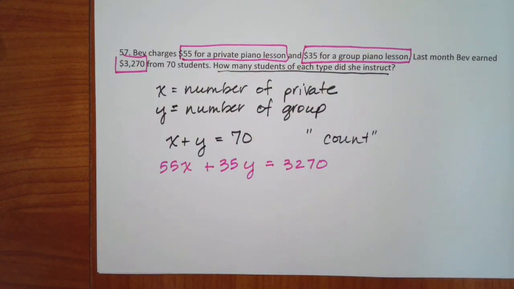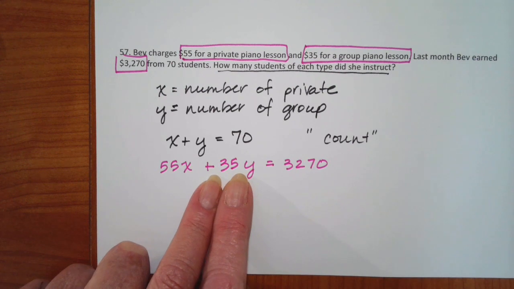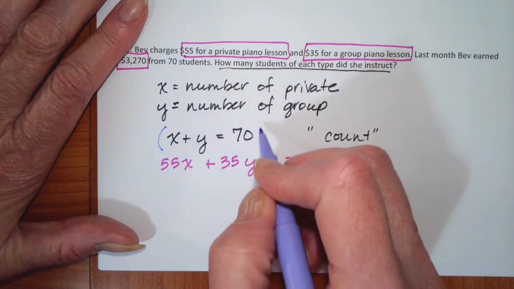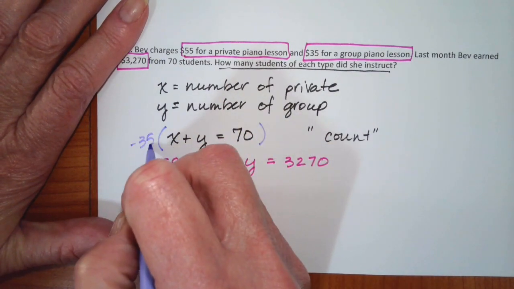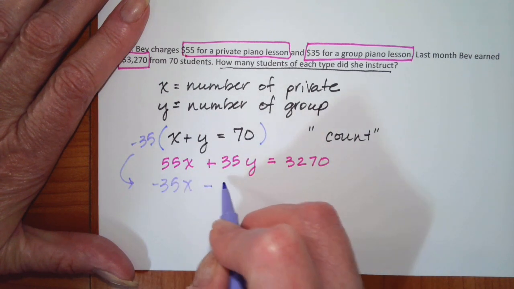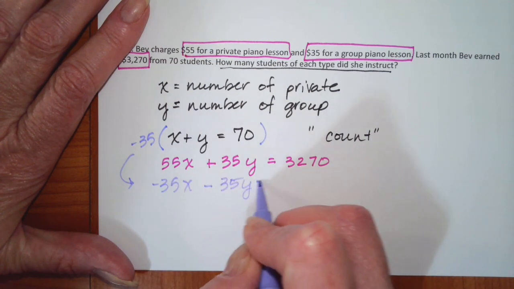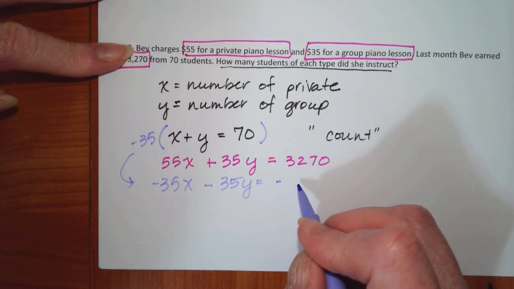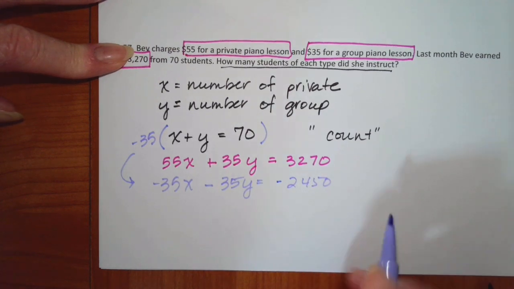If I add them together as they are, nothing is eliminated. So I see that my smaller number here is a positive 35. So if I multiply this by a negative 35, that gives me negative 35x minus 35y is equal to, and 70 times 35 is a negative 2450.